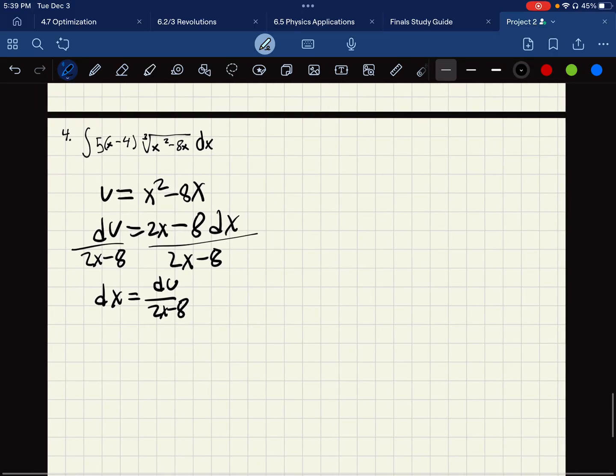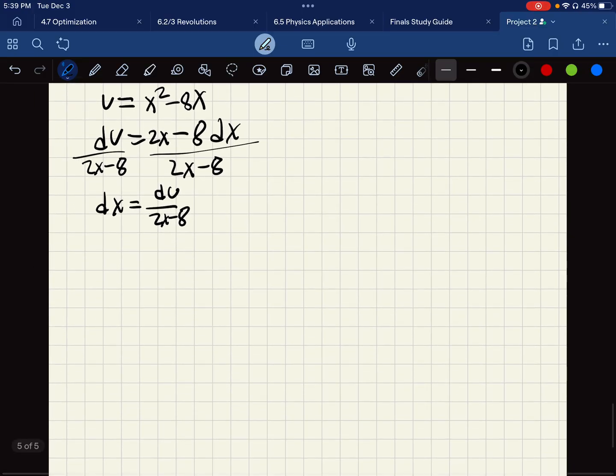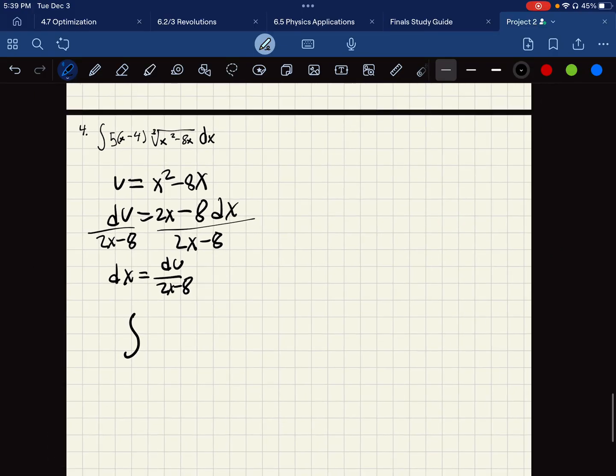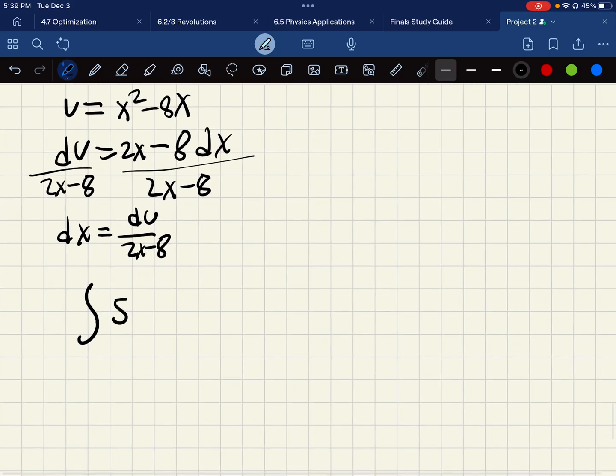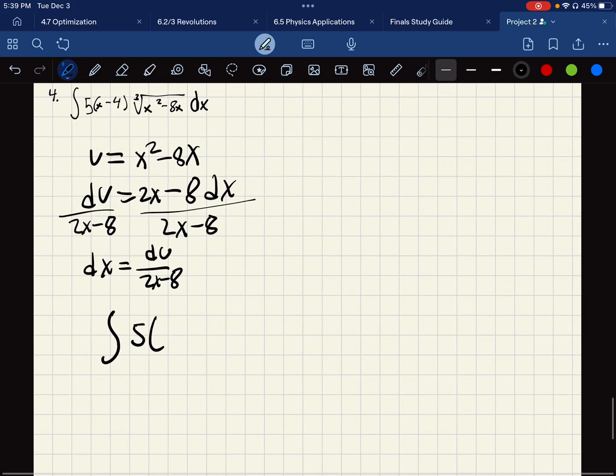Easy. So now we can just take the integral again. We can plug everything back in. So we get 5 times x minus 4. And then this is just u to the 1/3 power because it's a cube root. And then dx is equal to this value that we just found. So du over 2x minus 8.